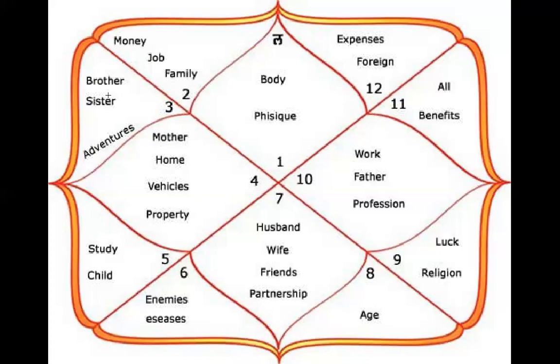The longevity is also seen from the third house apart from the eighth house. This has to be kept in mind. It's not only your younger siblings and valor, it's also your longevity, and in consequence, it also represents your health, because only if you have health you will have a long life.